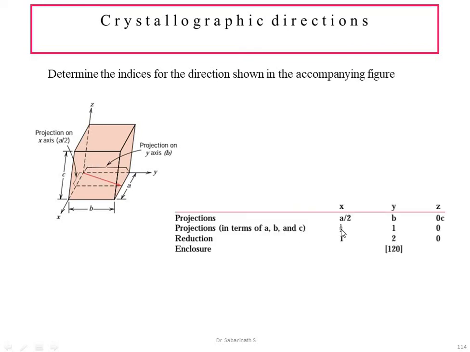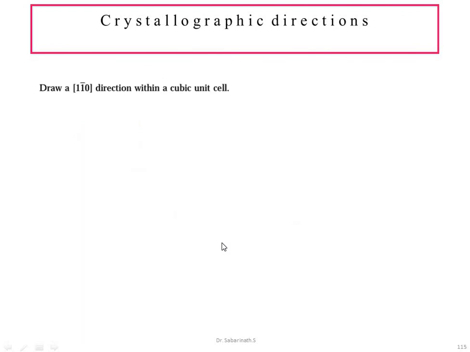So the value will be half on x, 1 on the y-axis, and 0 on the z-axis. Through reduction, multiplying by the denominator because no fractions are allowed, we represent it as 1, 2, 0. The process in which we remove the fractions is known as reduction.